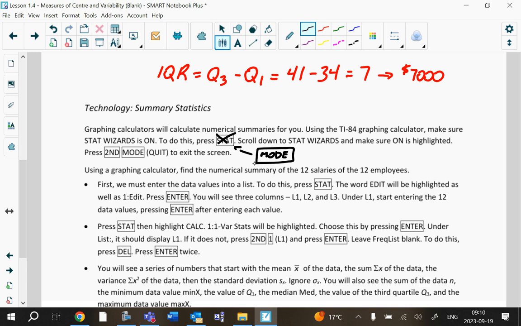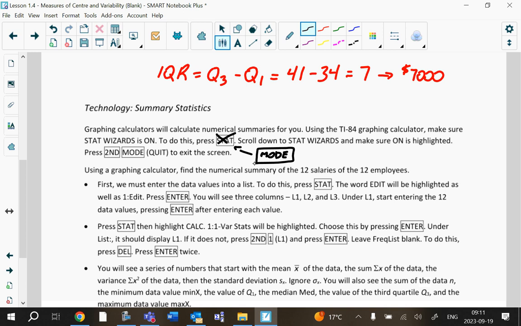If you have the newer one, it tells you specifically what data values to enter. If you have the old one, you have to remember the order to enter them in. So it's a little bit more difficult if you have the old one. But for this, you don't have to worry. For this, it's the same for both calculators.